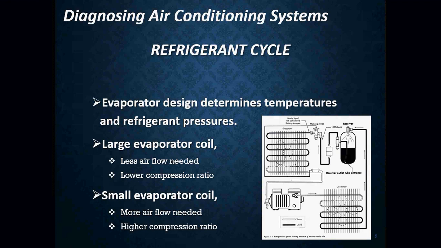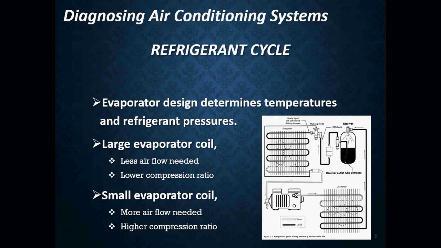Okay, the compression ratios on these types of evaporators will also play a factor in what your evaporator temperatures and pressures are going to be. So the compression ratio on your larger evaporators is also going to be decreased from the higher evaporator temperature and pressures, which causes the mass flow rate of refrigerant vapors through the compressor to increase.